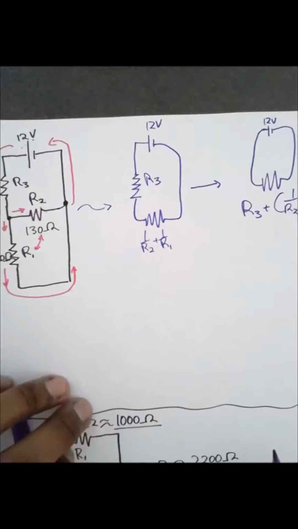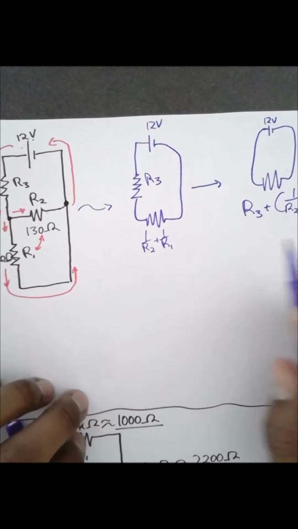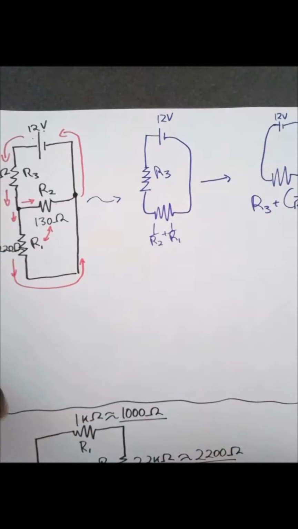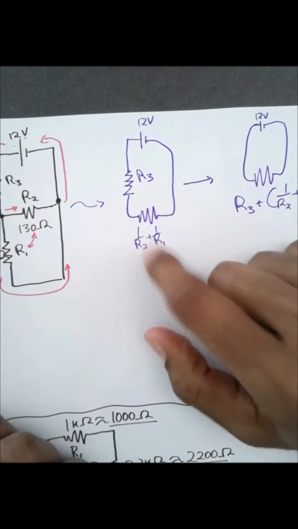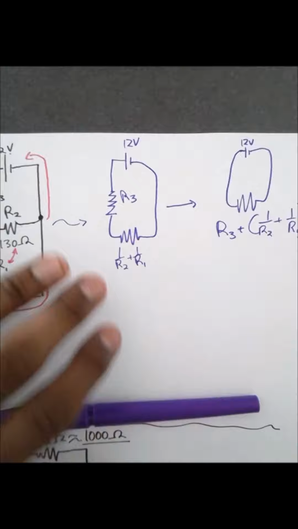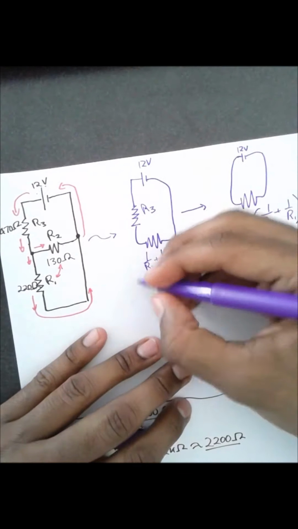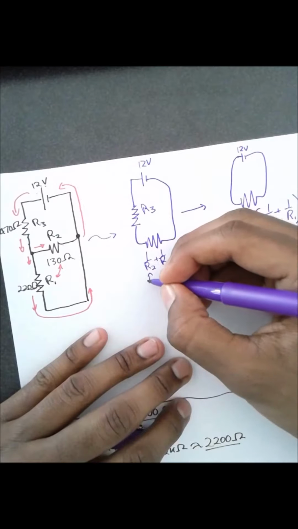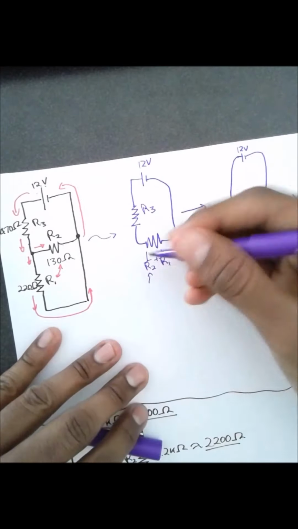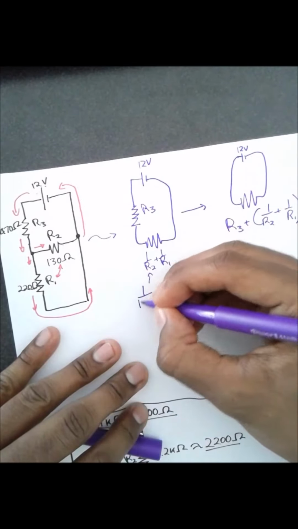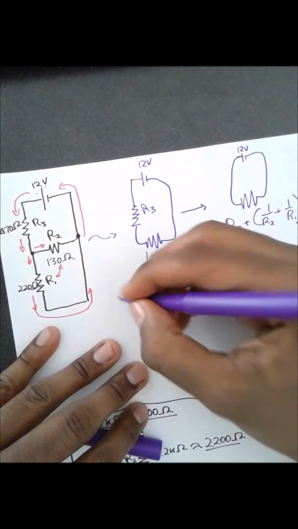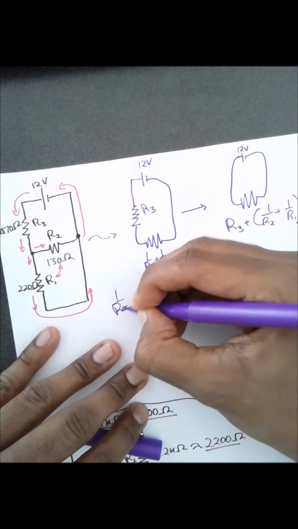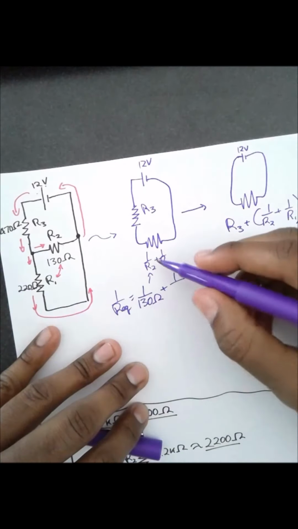Alright, so now let's do some math. Actually, we can just plug in the numbers here. I'm going to do this one first, and then I'm going to plug it in here. R2 is going to be 130, so 1 over 130 ohms plus... this is actually incorrect.